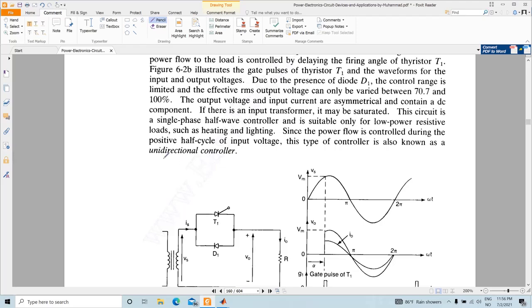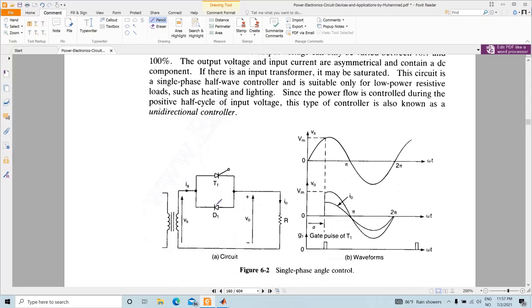The simplest one is the unidirectional controller, and in this arrangement we have a thyristor and a diode. If you want to use only one thyristor, you can use this circuit, but the issue is that you do not have controllability in the other half cycle. You can only control one half cycle, hence the name unidirectional control.